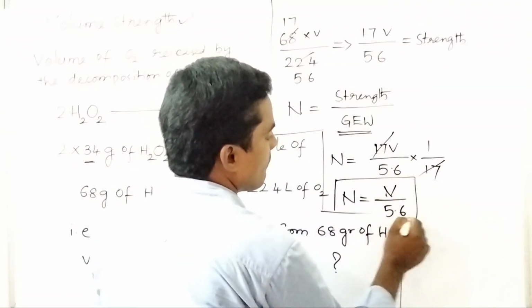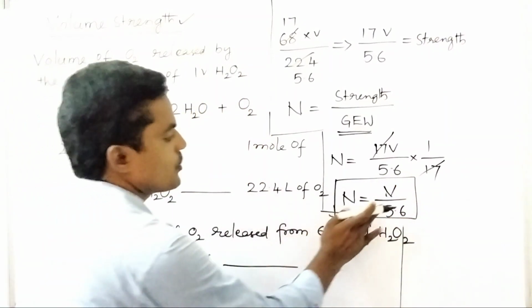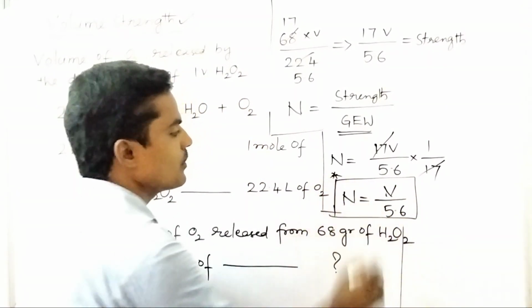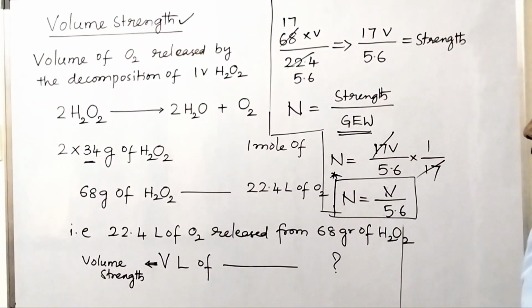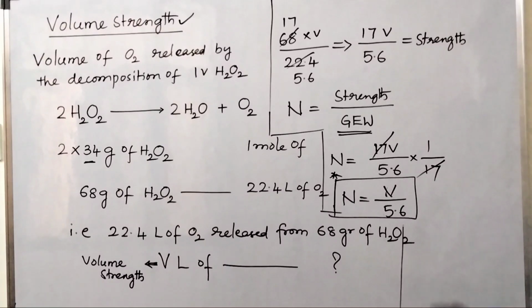So this is a very important formula. You need to remember this formula for the calculation of normality of hydrogen peroxide solution whenever volume strength is given. Normality equals to volume strength upon 5.6.